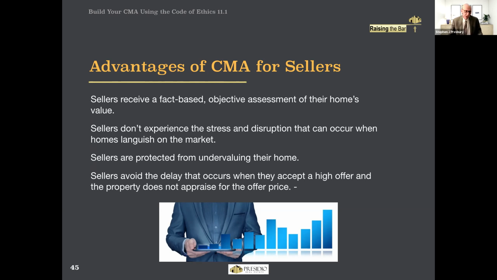The lender comes back and says, I know you want this house at 400,000, but we can only lend you 370, so you're 30 grand short. And the buyer says, oops, I haven't got 30 grand, so now I'm out of the game. We've got to start again. So great advantages for sellers if we can get them to understand and respond favorably to this CMA. Any thoughts or questions or comments on that screen?